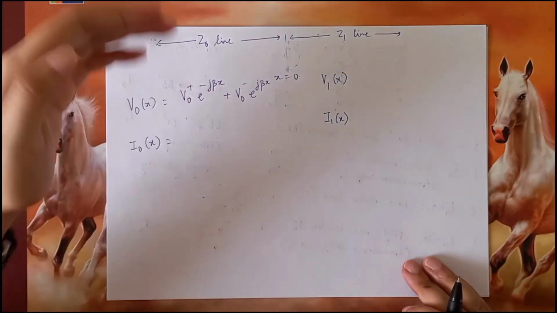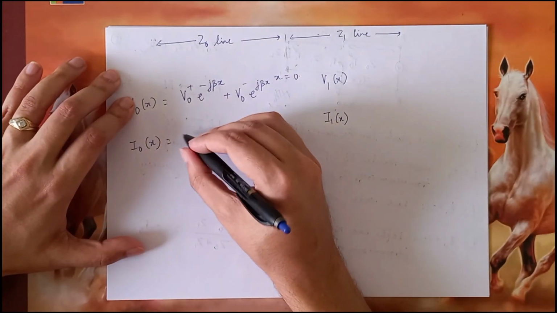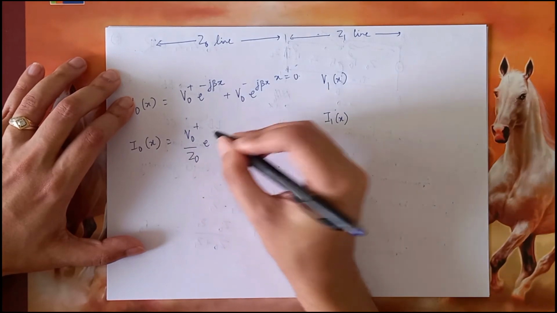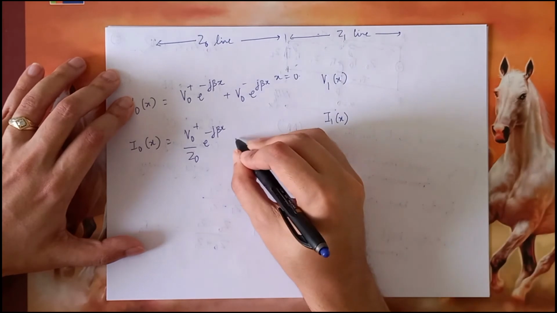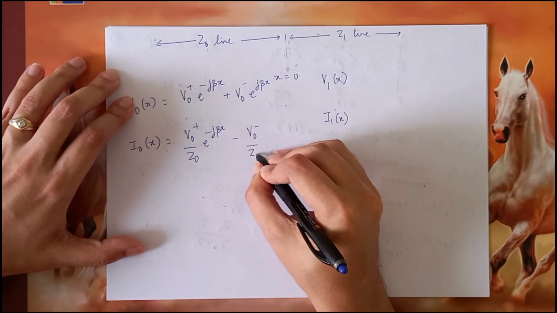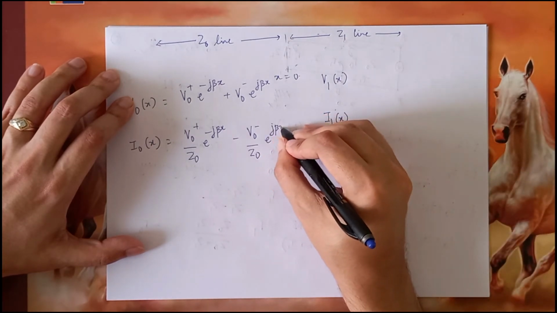Note that this is the x-axis we are taking as convention, not the L-axis, which we normally do. And the I0 will be V0 plus by Z0 e raised to minus j beta x minus V0 minus divided by Z0 e raised to plus j beta x.